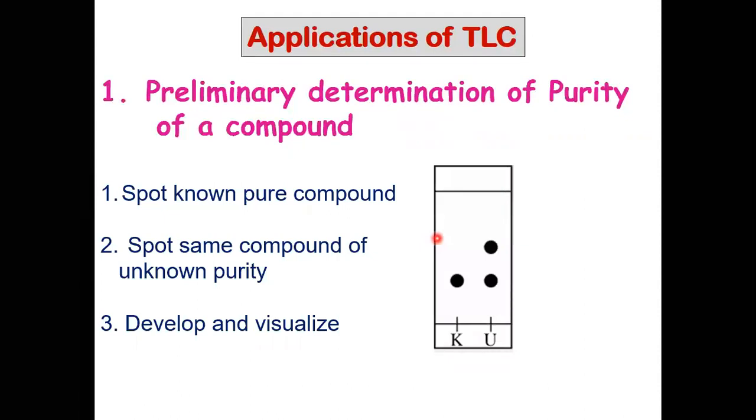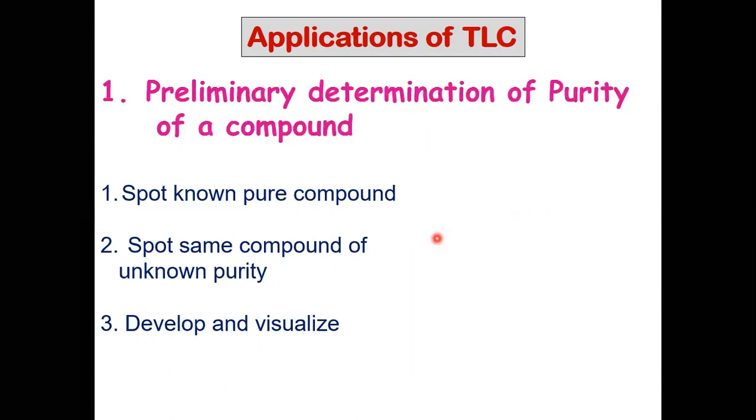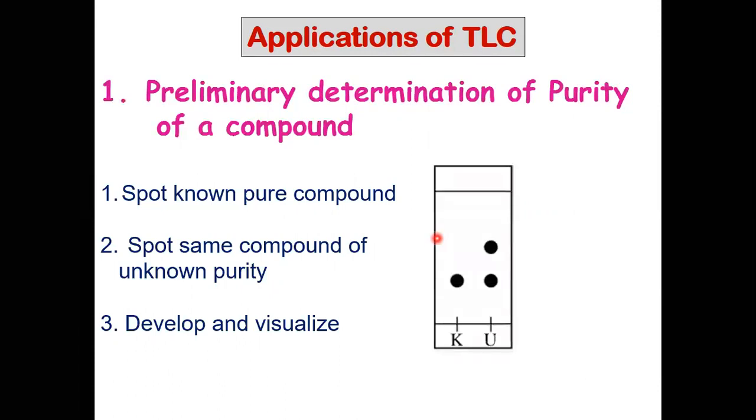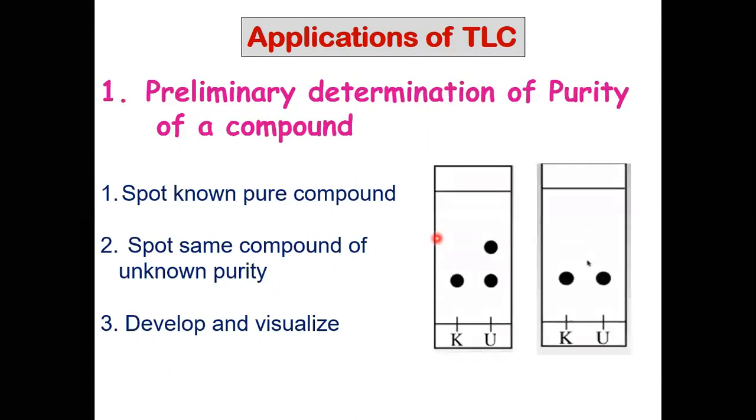After TLC, if we get two spots for the U sample, that means it contains some impurity of another compound. If it has only one spot of the same RF value, it means the unknown compound is probably the pure compound.